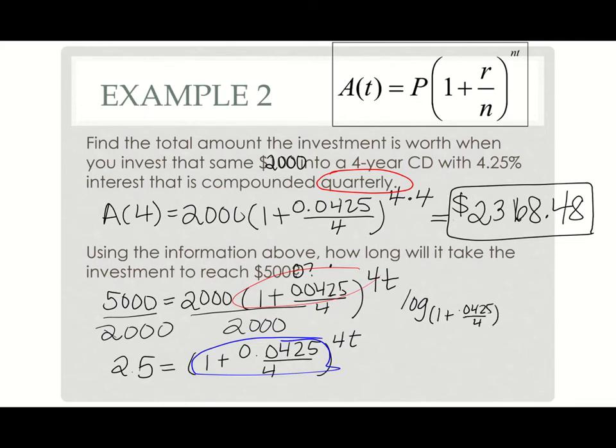Now, if you added this and got a number, that works, but this is going to be more accurate than adding them together and rounding. You can do that, but your answer will be slightly different. So this is our base to the 2.5 equals our exponent. We're solving for our exponent, so our log helps us do that.